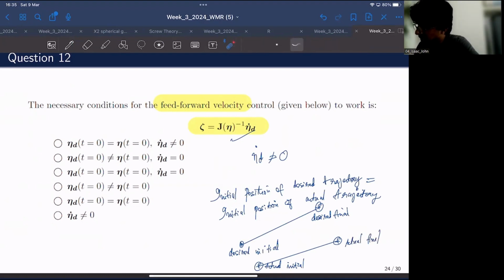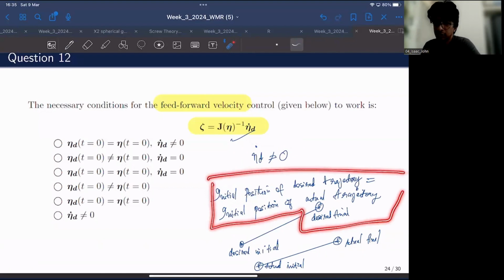And as you can see, there is always going to be an offset between the desired and the actual position. So this will not work. So apart from this condition, the initial position condition will also have to be ensured.